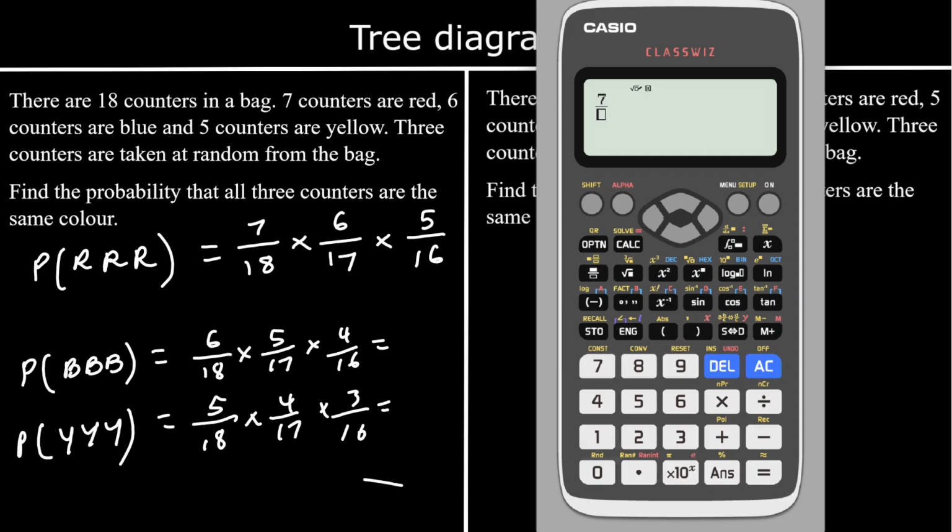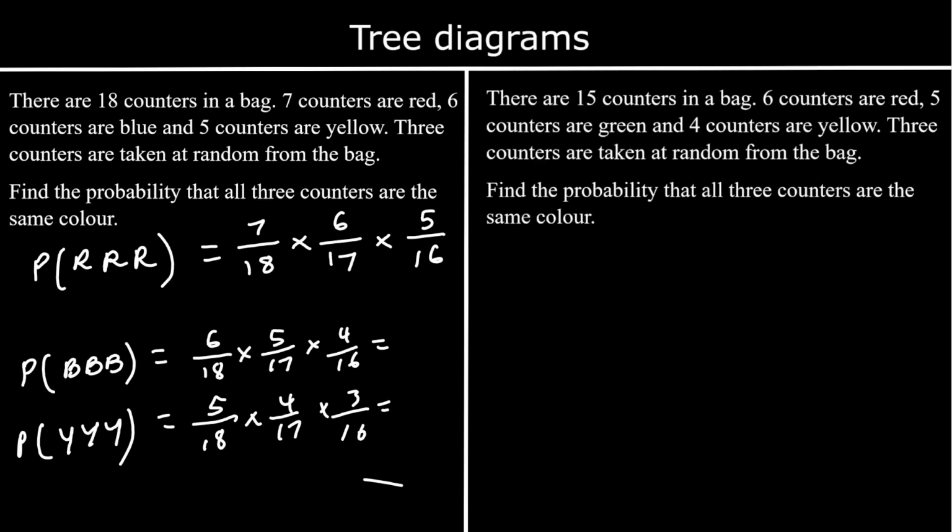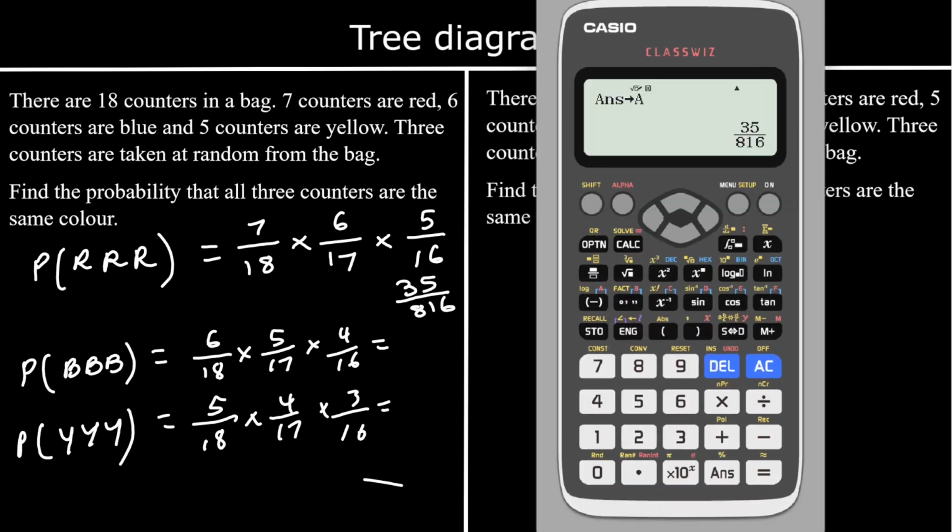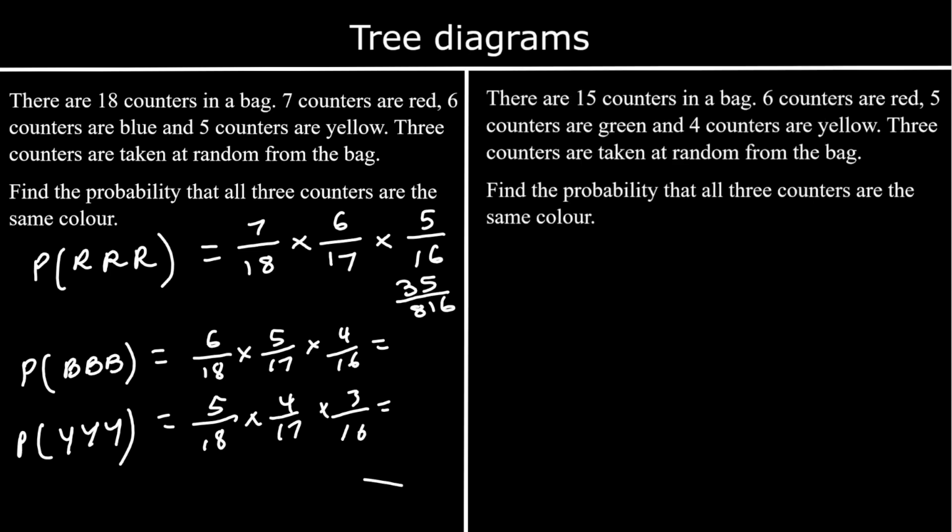So for red, red, red, I've got 7/18 times 6/17 times 5/16, which is 35 over 816. I'll store that. Then for blue, blue, blue, I want 6/18 times 5/17 times 4/16, which is 5 over 204.